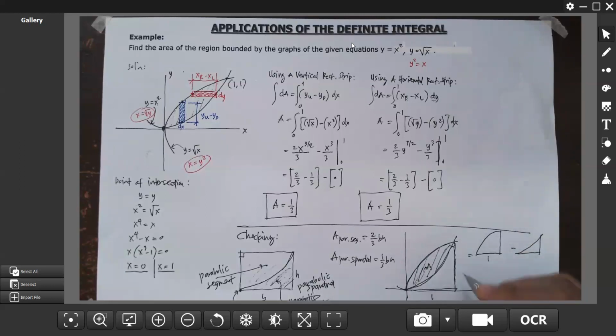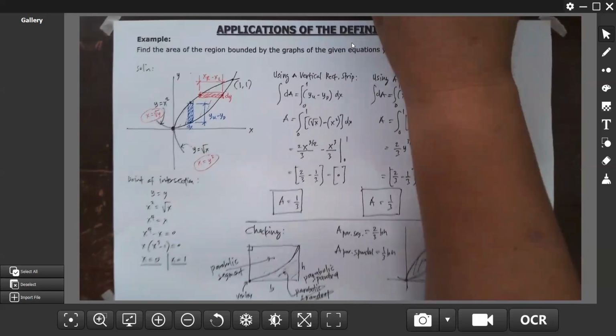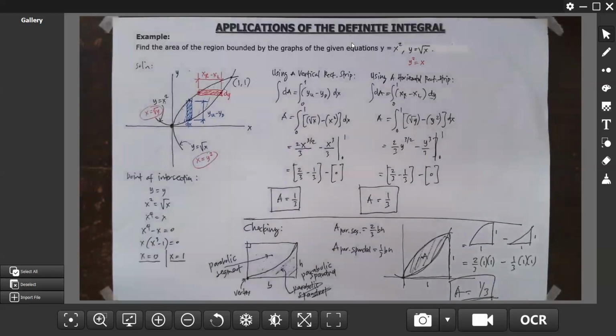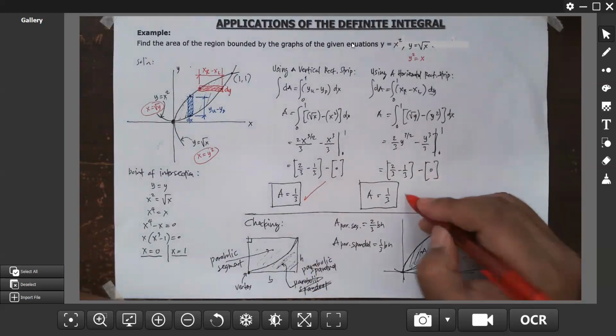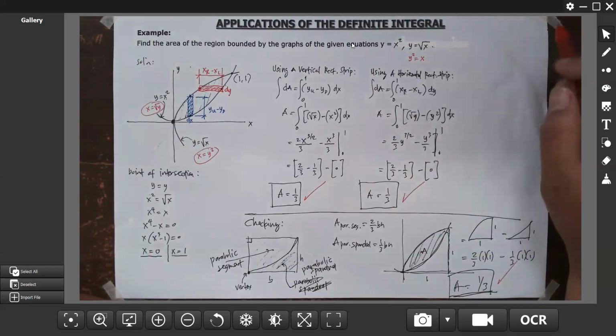The base and height are 1. So you have 2/3 times 1 times 1 minus 1/3 times 1 times 1. The area is 1/3. Same result. Analyzing a vertical strip, a horizontal strip, or checking using the formulas of geometry.